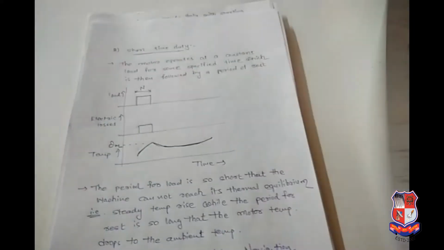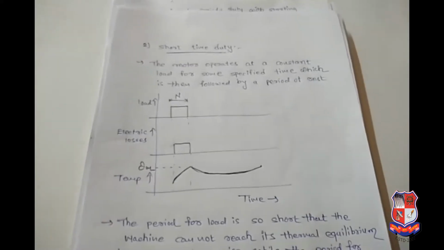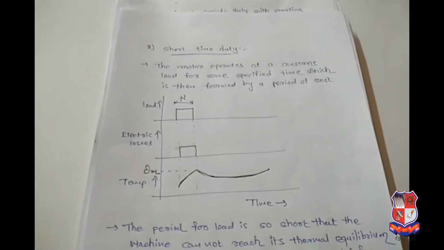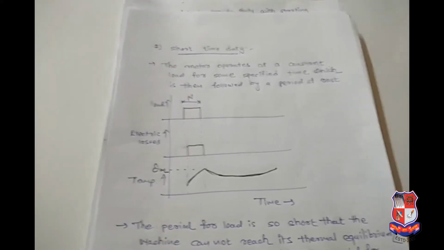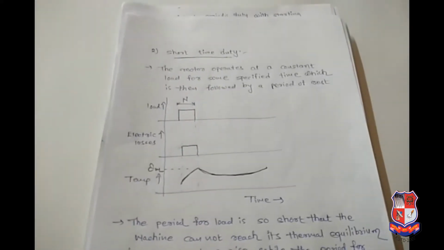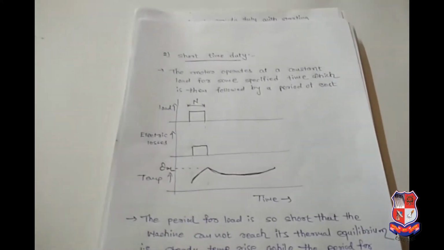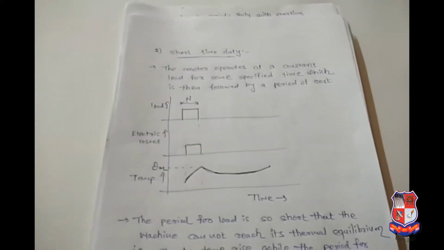Now the second one is known as short time duty. According to the name, in this type of duty the duration of load on the motor is for a very short time. So what happens? In this duty cycle, the motor does not reach maximum temperature because the load is applied for only some time, and after this comes the rest time.